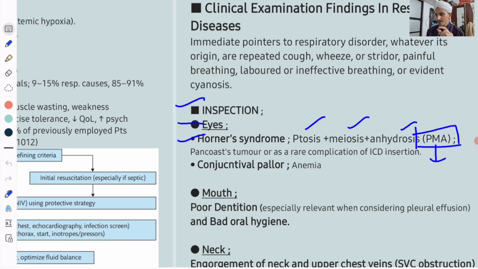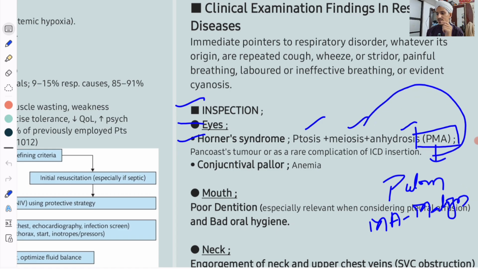PMA also stands for pulmonary malignancy, which is the most common cause of this Horner syndrome, and it is also a rare complication of ICD insertion. Some apical tumor compressing the superior stellate ganglion causes this Horner syndrome. So when there is Horner syndrome, suspect pulmonary malignancy, PMA.